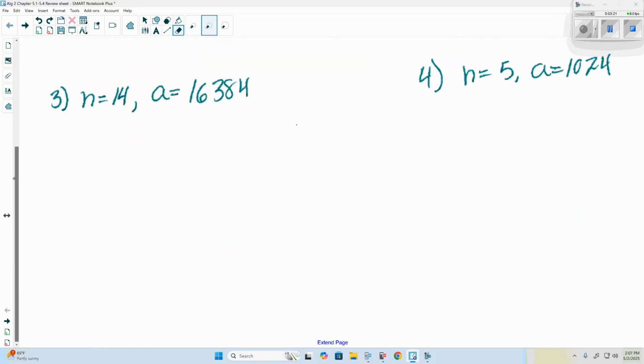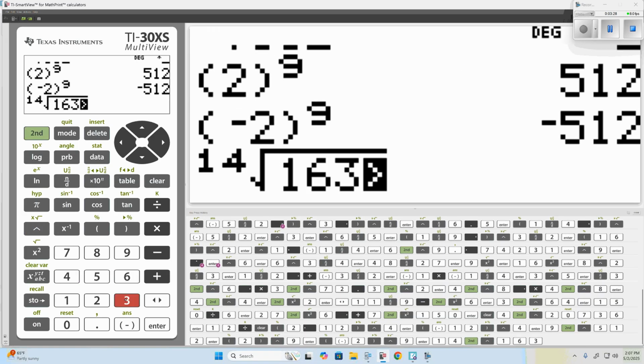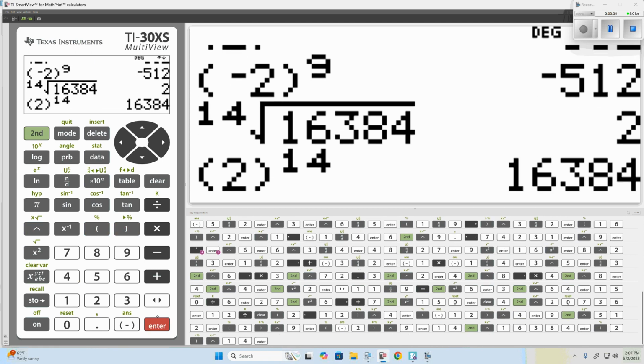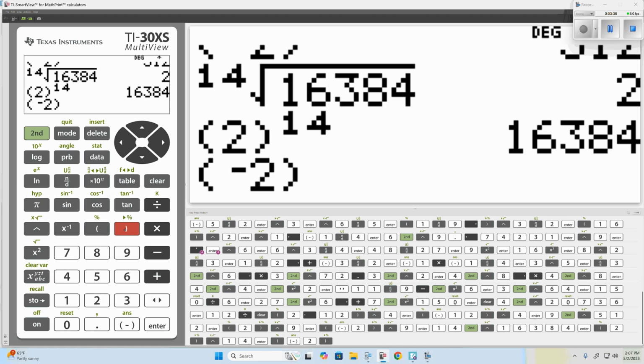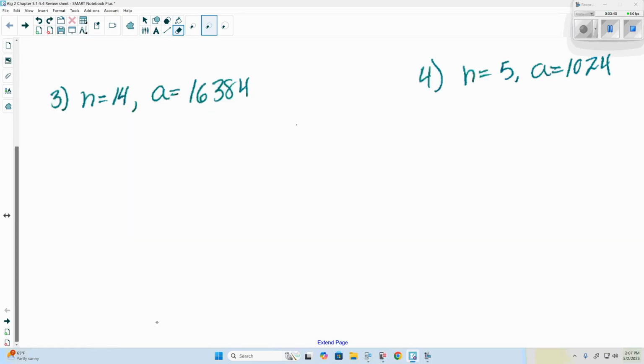Because if we look at the 14th root of 16,384, we get 2. Because 2 to the 14th is our number, and negative 2 to the 14th gives us the same thing. So the 14th root of 16,384 would be plus or minus 2.